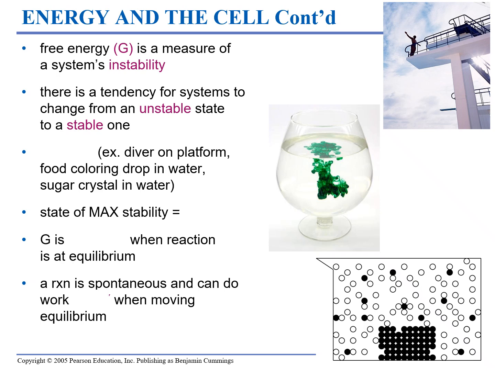And if G is increasing, then that would mean that it will at some point go down. So the state of max stability is equilibrium, and G is the lowest when the reaction is at equilibrium.